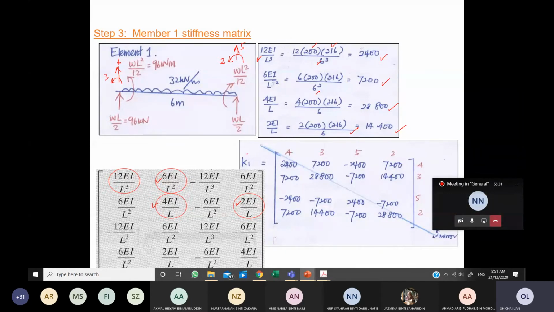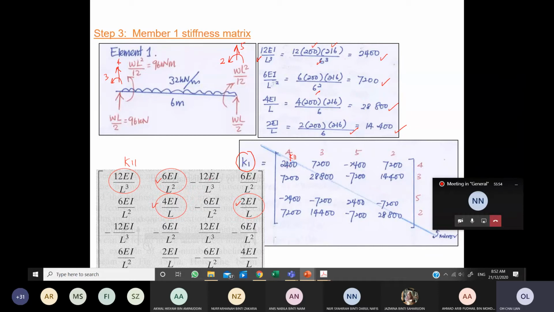Okay, how you do that? You need to name this member stiffness matrix first. K, and then the element number. So element 1, you put number 1, K1. Okay, so let's start. The first one, K11, is 12 EI over L cubed, which is 2,400. So this K11, you just put 2,400.